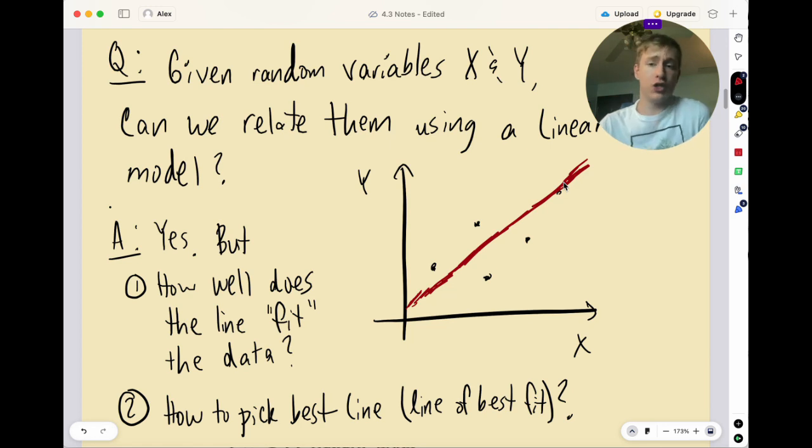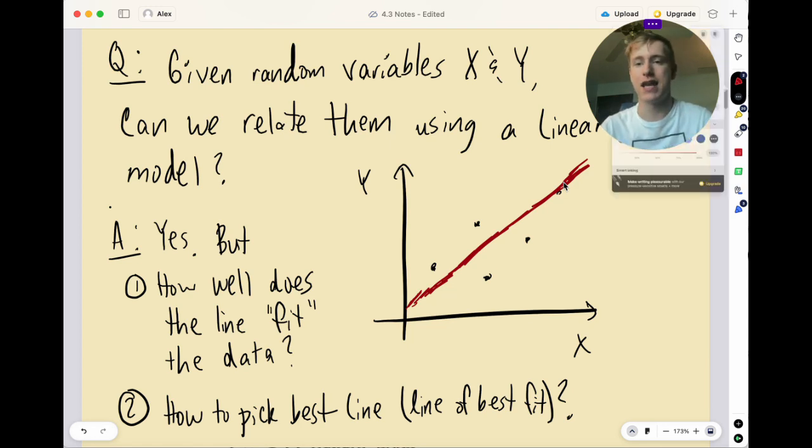Now, how do we pick that exact line that so-called approximates the data the best? Well, it's going to be a very geometric approach. The geometric approach that most people commonly take is, you'll notice that for all of these values, we can drop down a vertical line that represents the distance between this point and the line itself. That's called a residual.